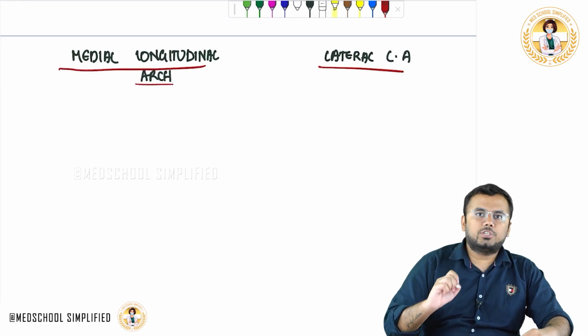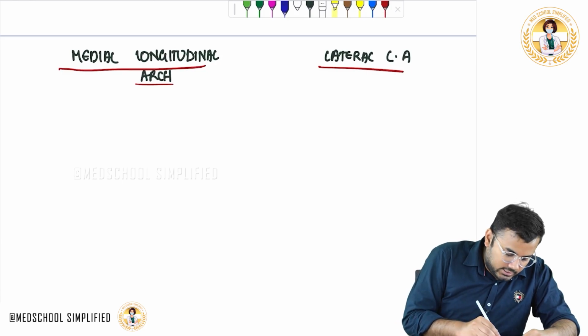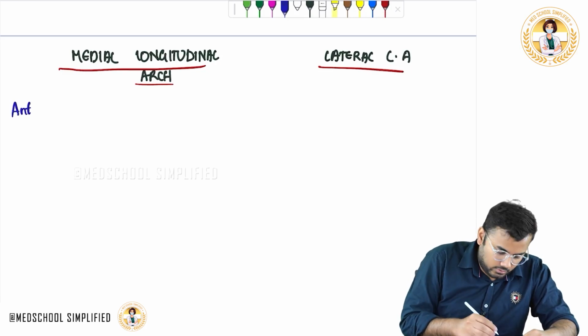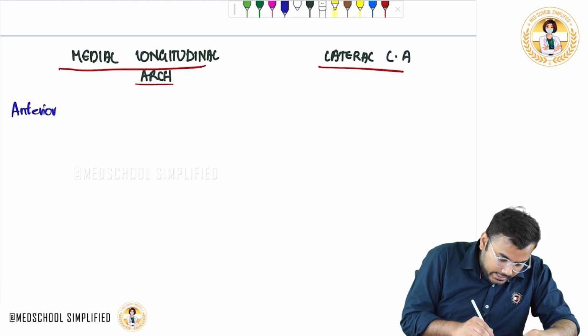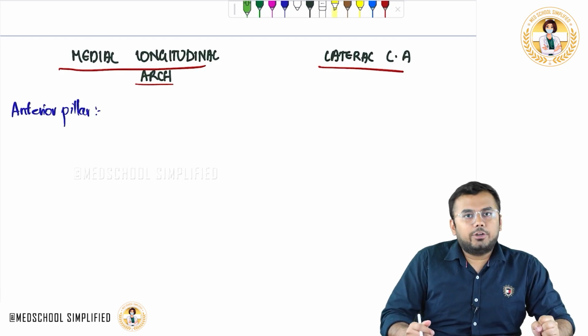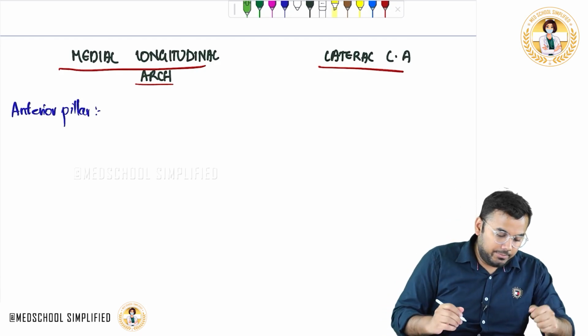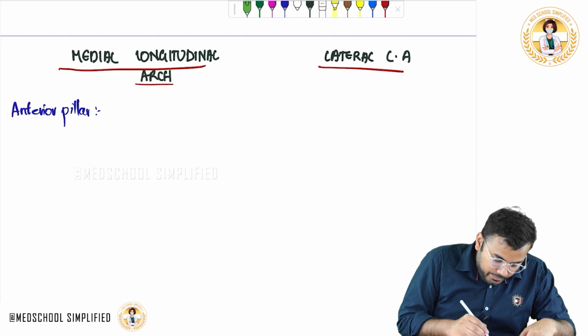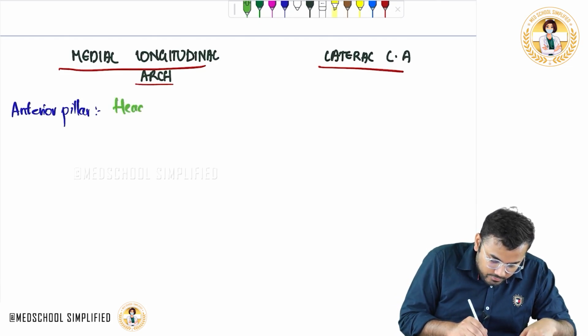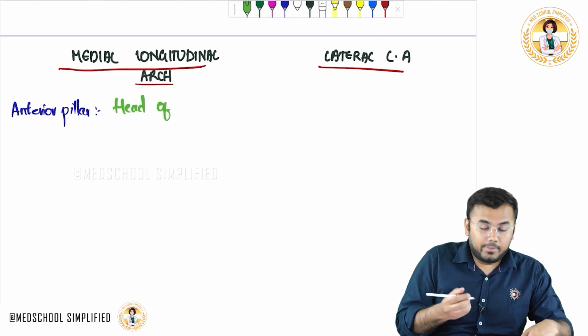The first thing we shall discuss here is the anterior end or anterior pillar. So in the medial longitudinal arch, what is the anterior pillar formed by? The anterior pillar here is formed by the head of how many metatarsals?